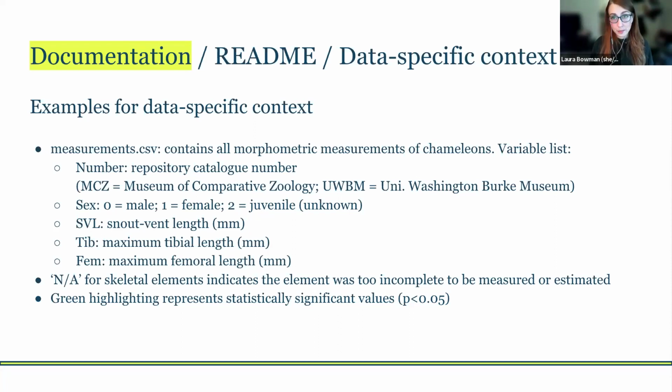It's also good for accessibility purposes for people that are using screen readers or other devices, to make sure that you know what that highlighting indicates. And if it doesn't indicate anything important, please remove it from your data set. People will ask you what it means.